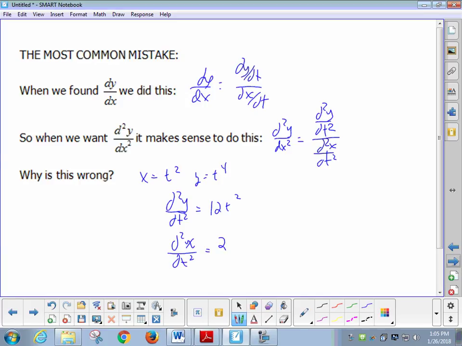Okay, so then, using our theory, what would the second derivative of y with respect to x be? 6t squared. Well, obviously we know, by eliminating the parameter, it's supposed to come out 2. Well, this is most definitely not right.